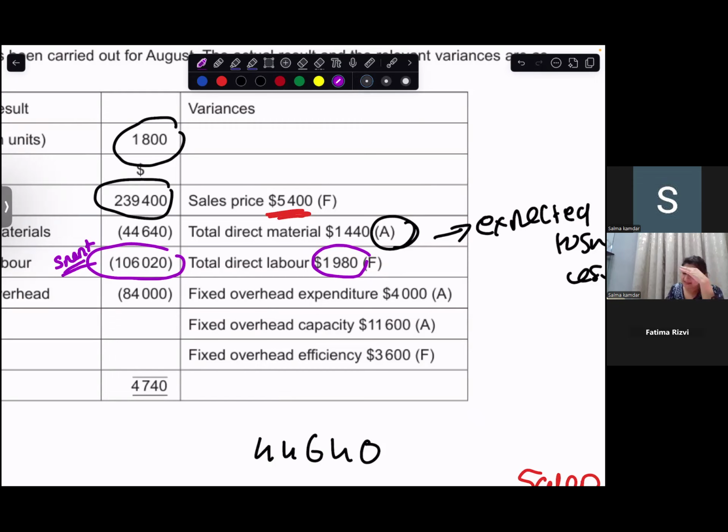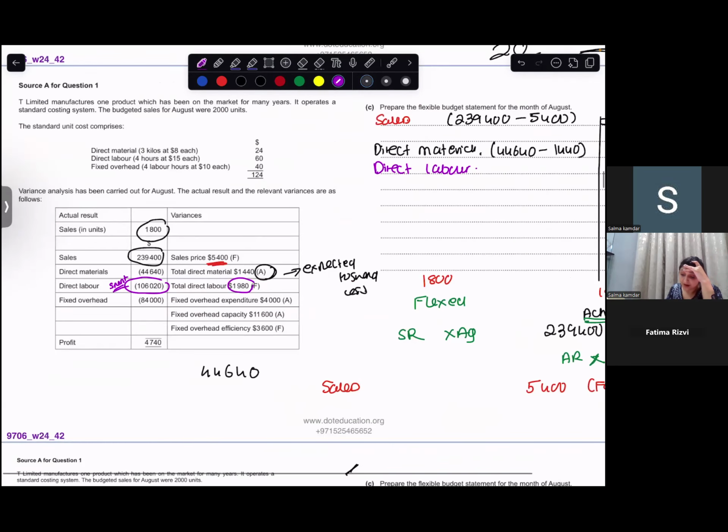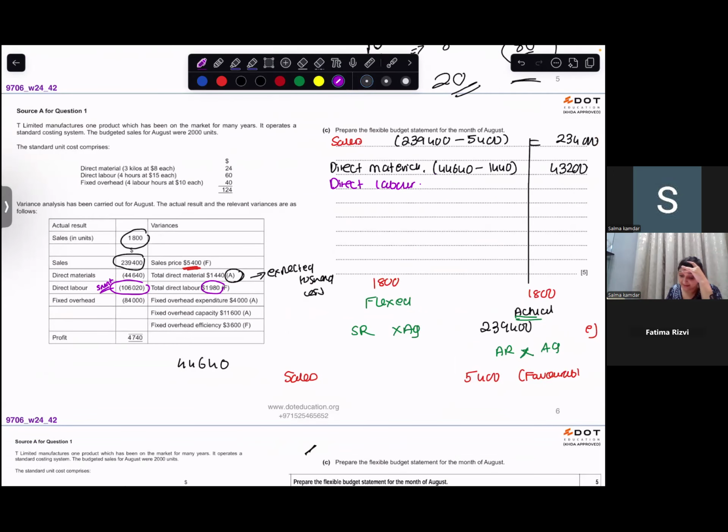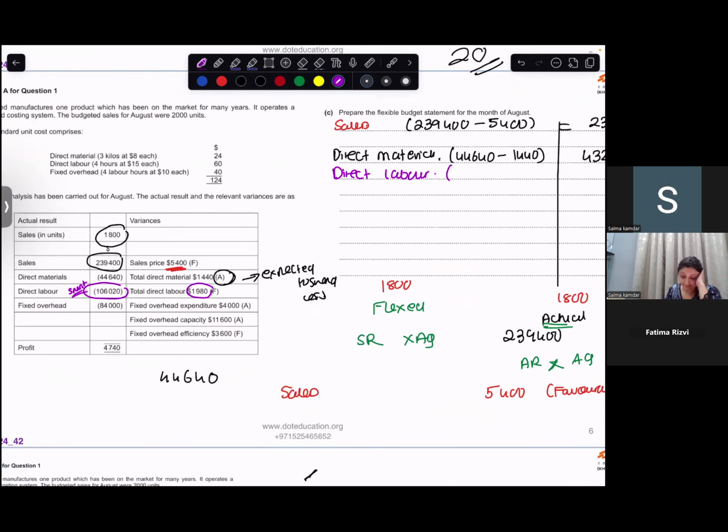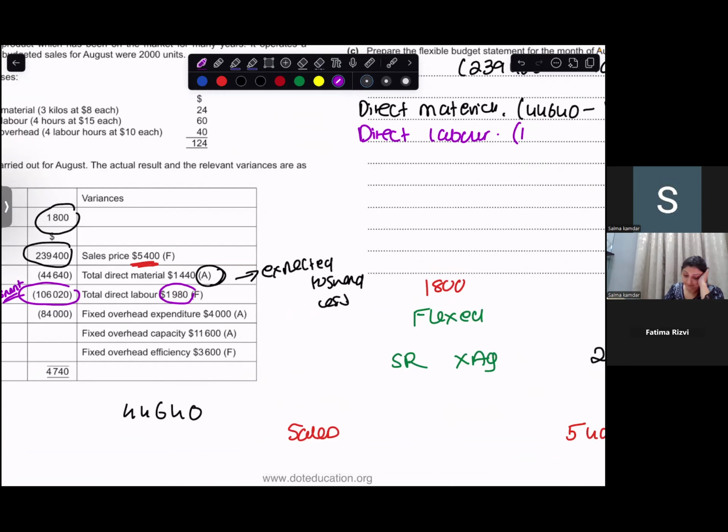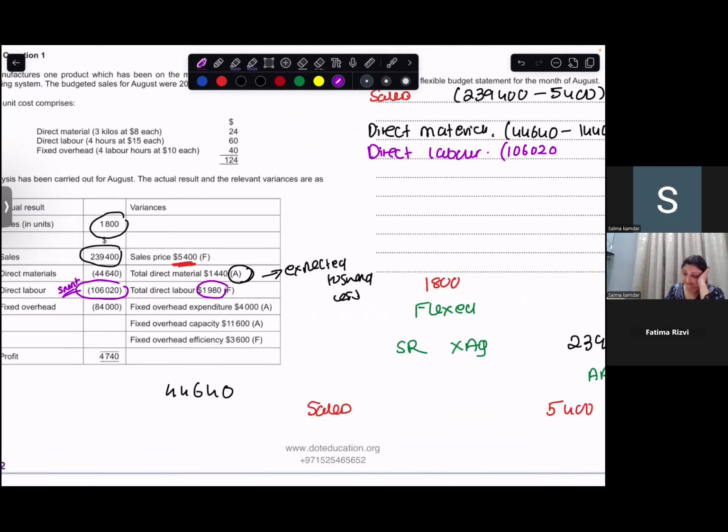That means you expected to spend more, and you spent less than expected. What will you do? Your expectation was more to spend. What will you do? Come on, tell me. You'll add it.